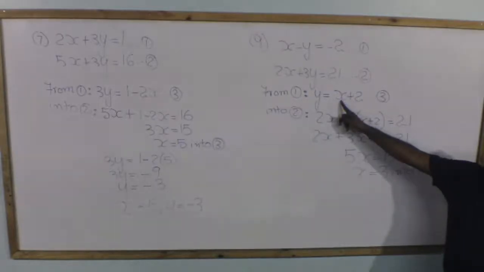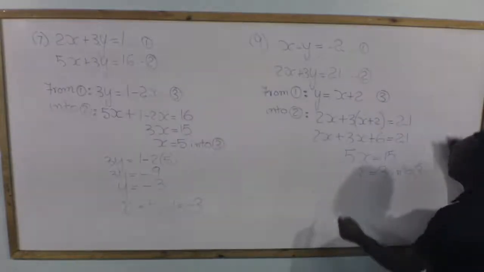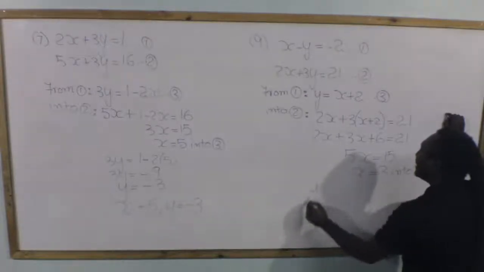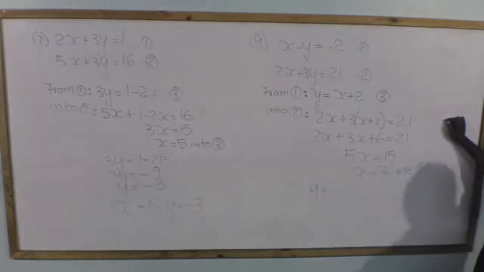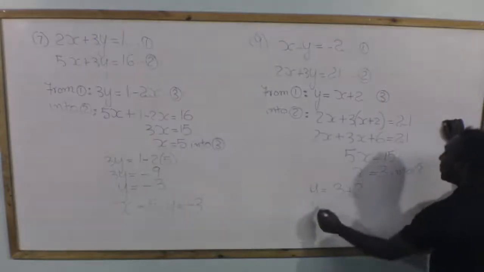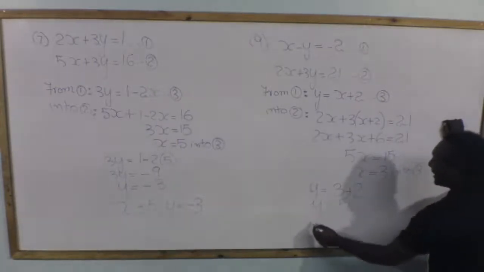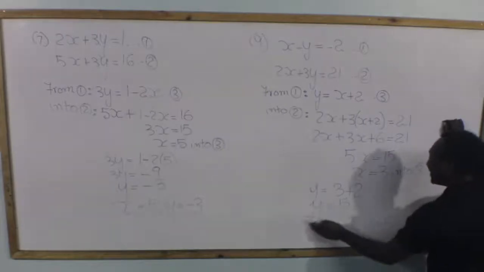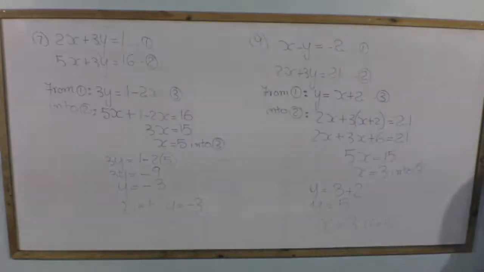What is y equal to? y is equal to x plus 2, which is 3 plus 2. So y is equal to 5. Therefore, we finish up by saying x is equal to 3 and y is equal to 5. And that's all there is to it.